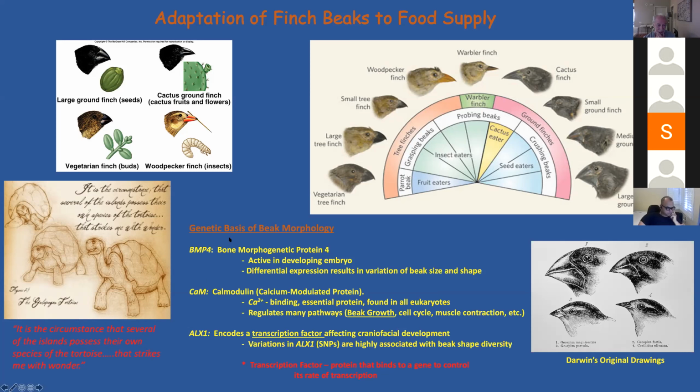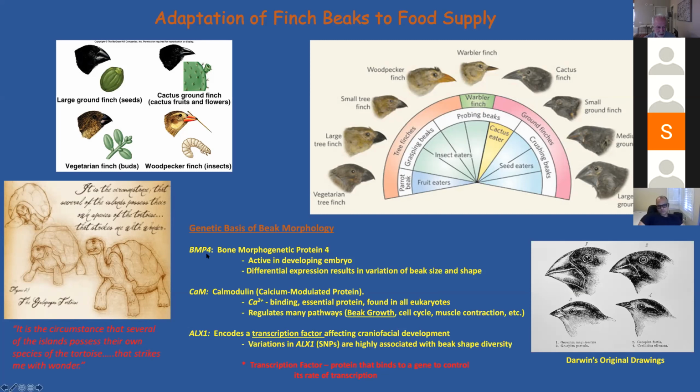Now, here's where Mendel comes in. Darwin made these observations, and they were critical. But Mendel provided a genetic explanation for this. And I've listed here in yellow 3 genes that have been shown to be important in the variation of finch beaks.